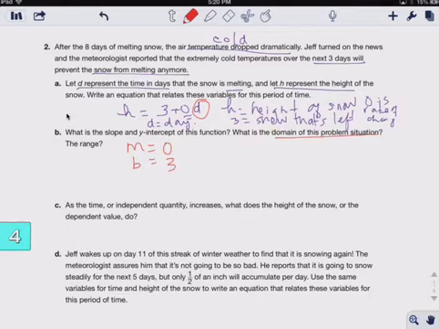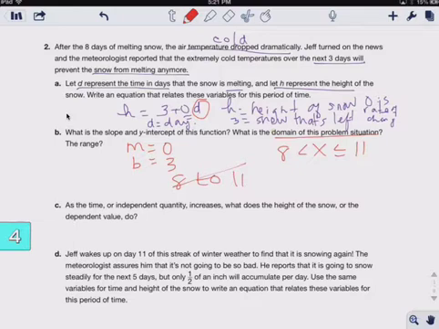For the next 3 days, we're at 8 days, so 8 to 11 days. The next day is 9, 10, 11, so 3 days. The domain is 8 less than x less than or equal to 11. That's how you write domain. That's how you write 8 to 11.